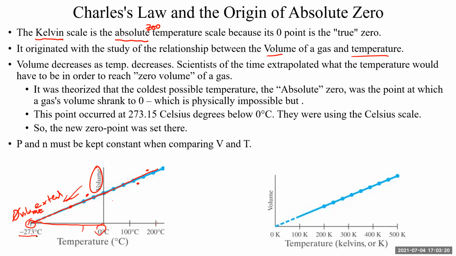Instead of calling it negative 273, they relabeled it and said, well, that must be the true zero. So absolute zero is the true zero. And they relabeled it in honor of Lord Kelvin. They called it the Kelvin scale.